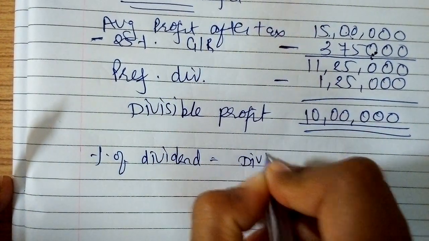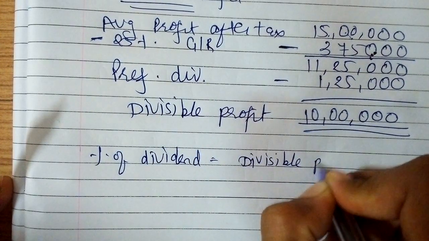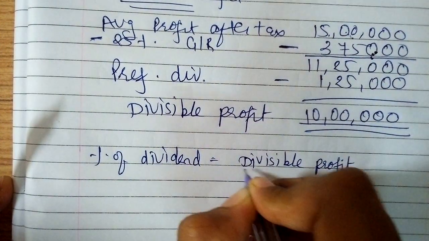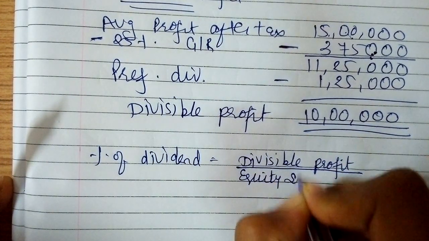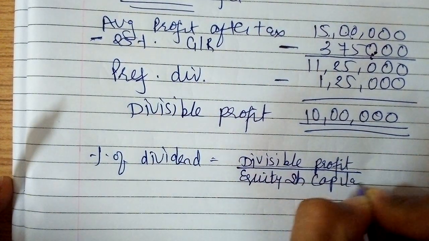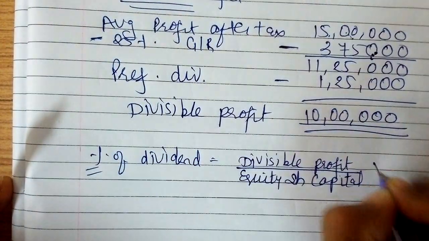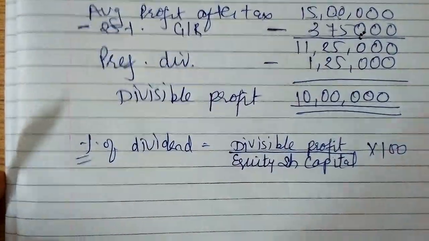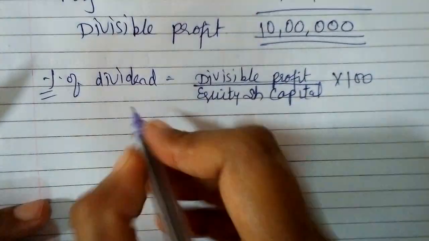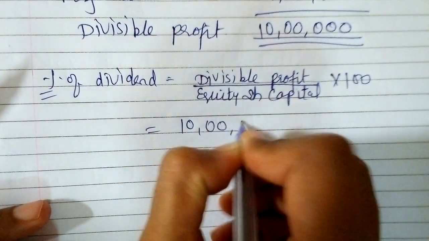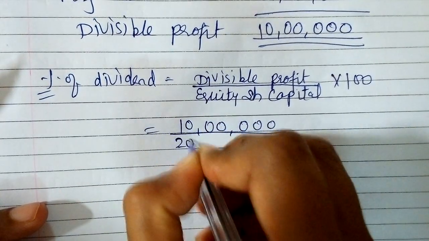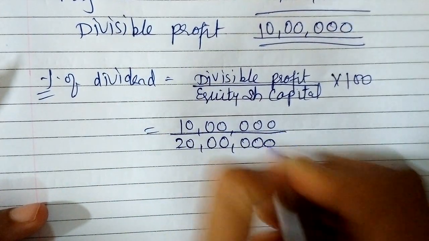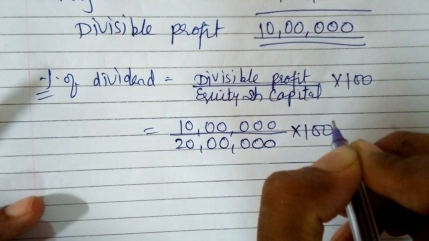Alright, so now percentage of dividend will be formula divisible profit divided by equity share capital, and as it is percentage, that would be into 100, right? So divisible profit is 10 lakhs, equity share capital 20 lakhs into 100.